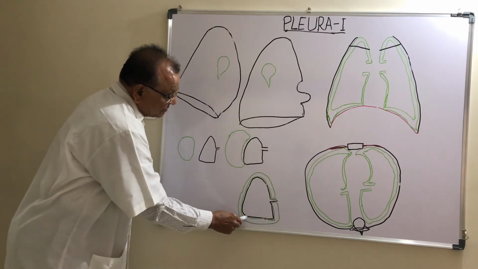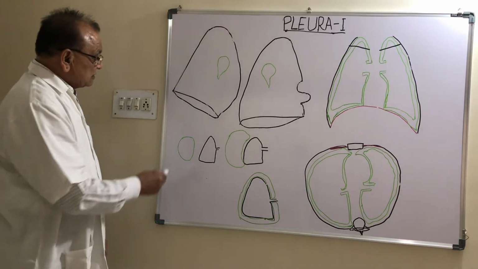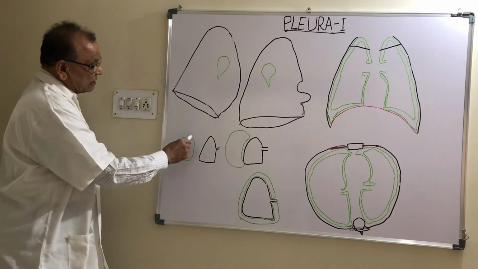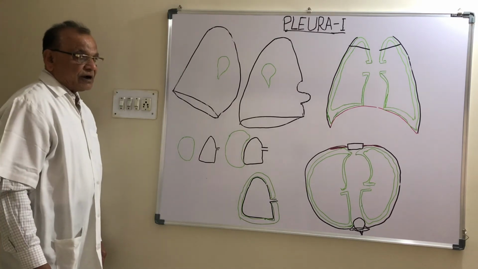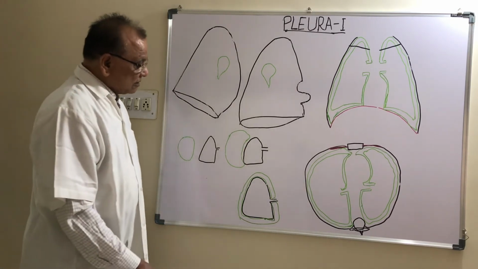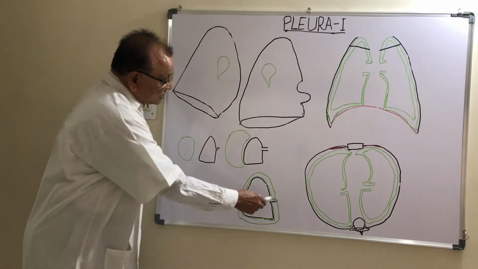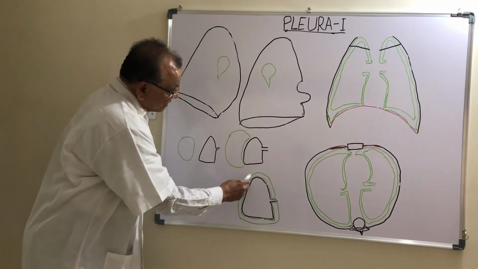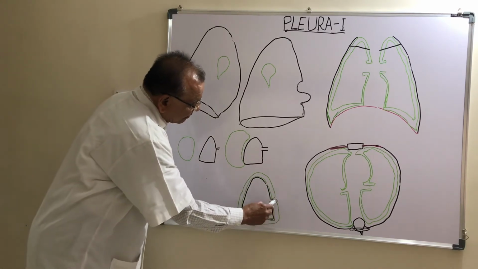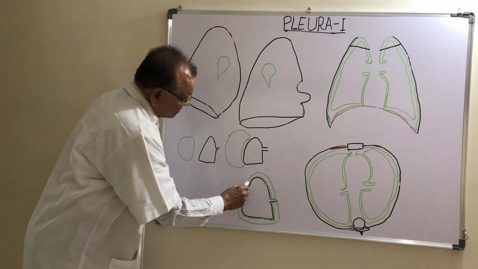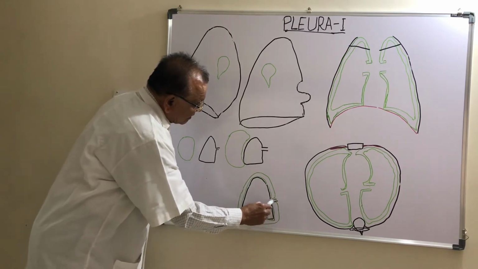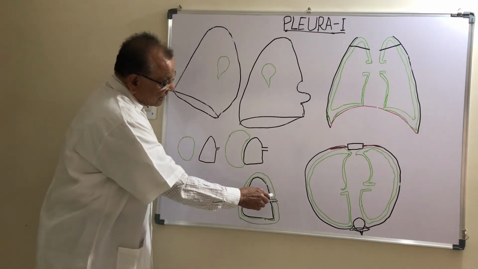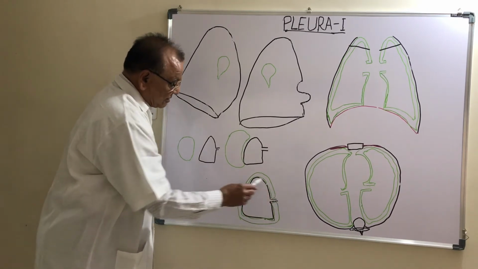In the beginning, the pleural sac has only a single layer. But due to the invagination of the lung, the pleural sac becomes divisible into two layers. This is the outer layer and this is the inner layer. And both layers are continuous with one another at the root of the lung.